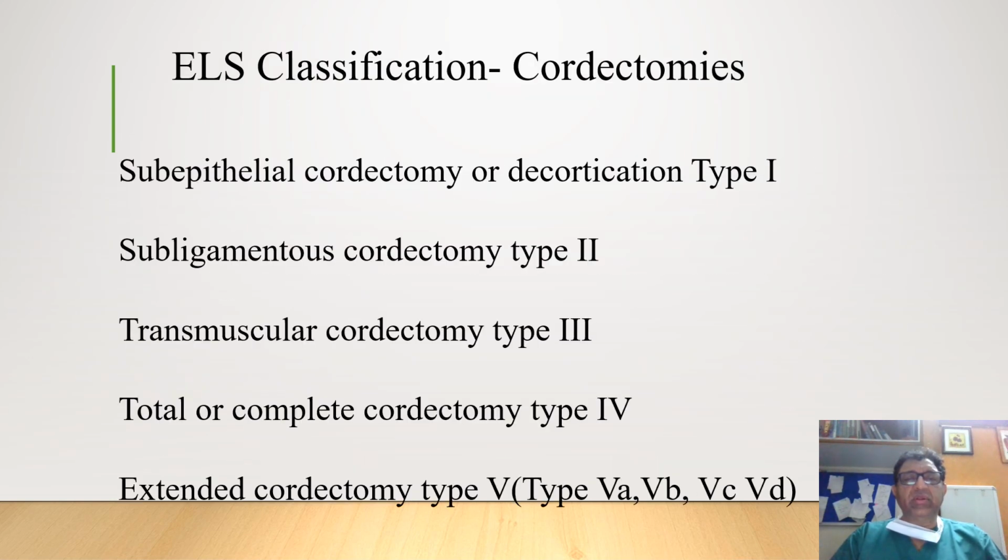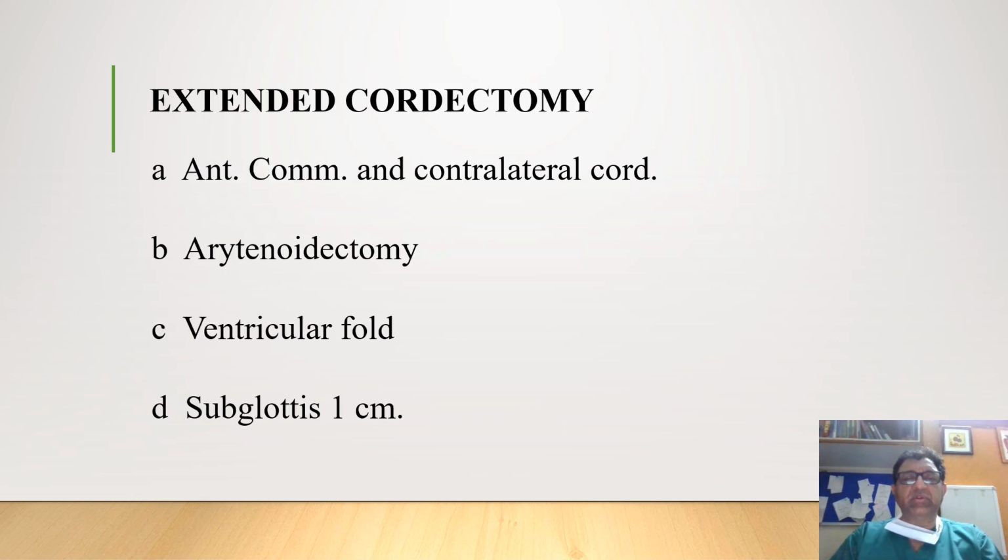The European Laryngological Society has classified cordectomy into various types, and type 1 to type 5 is the first classification in 2000-2001, and later on type 6 has also been added into it, knowing the extent of disease. Extended cordectomy type 5 is again divided into A, B, C, D: anterior commissure and contralateral cord, arytenoidectomy.